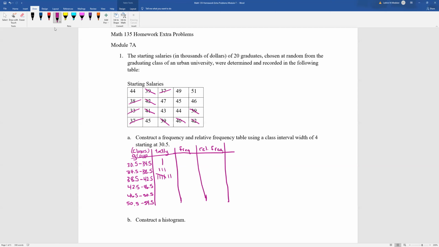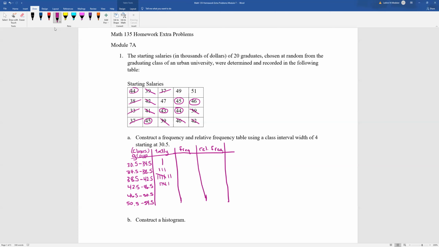Okay, and then from 43 to 46, I'm going to circle these this time. So 1, 2, 3, 4, 5, 6.